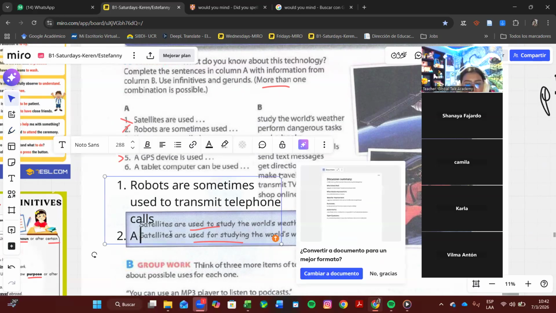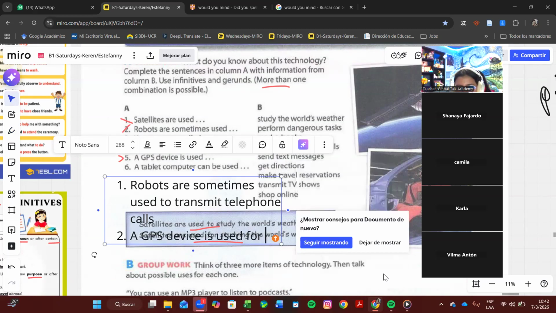So a GPS device is used for, so is it get or getting? Is it to? To get.